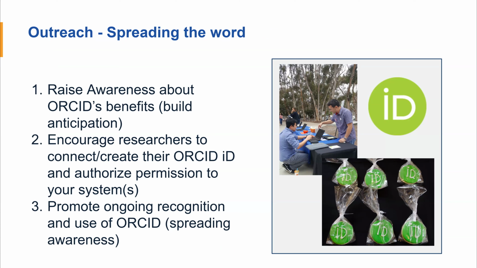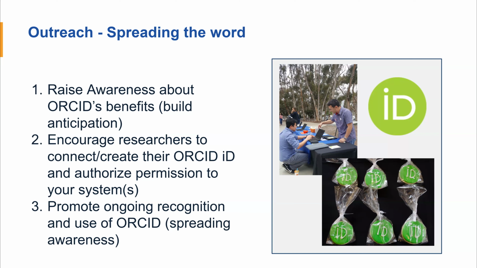You don't have to have an integration to do outreach, for example. So you can start it at any time, before you have an integration, and then continue outreach. So promoting ORCID at your organization is really about spreading the word, making sure that you're raising awareness about ORCID's benefits at your organization, building that anticipation.